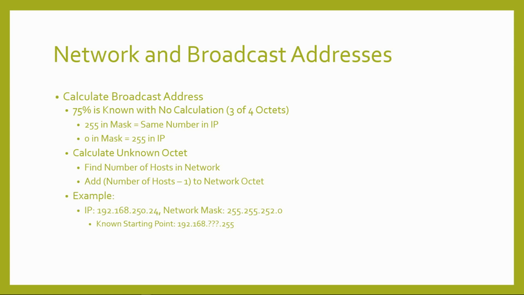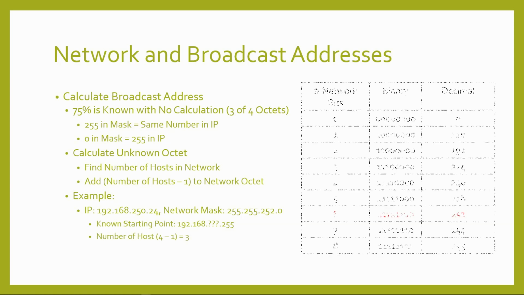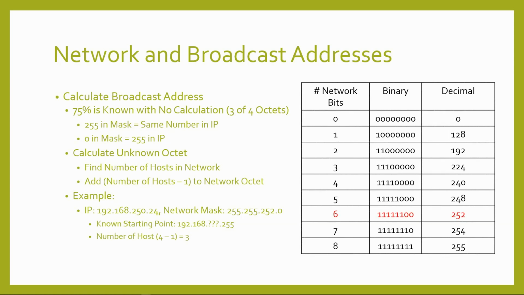Now all we have to do is add our calculation. We take the number of hosts and subtract 1 from it. If you look at our chart from before with 6 bits, which is what we have over there, that means we have 2 bits left over. If we turn those 2 bits on, we have a value of 3.